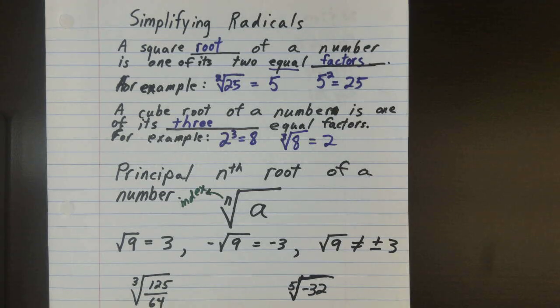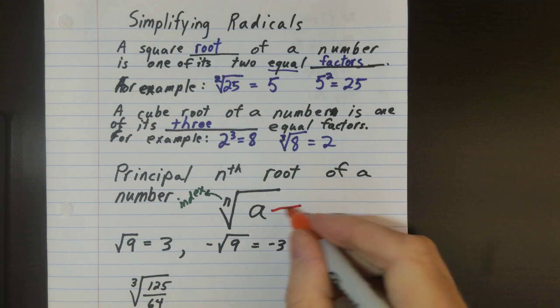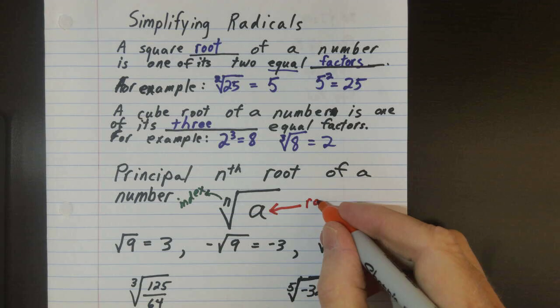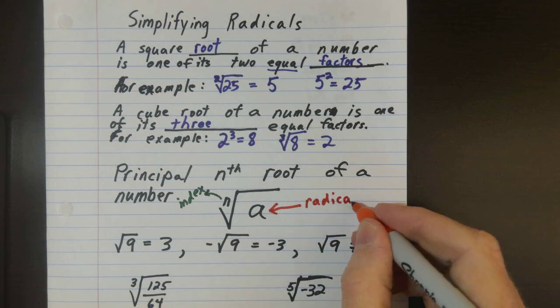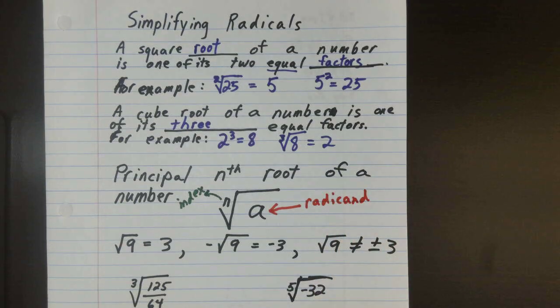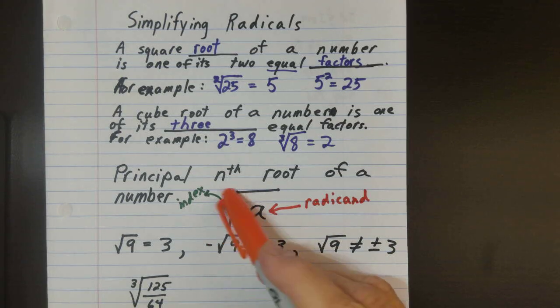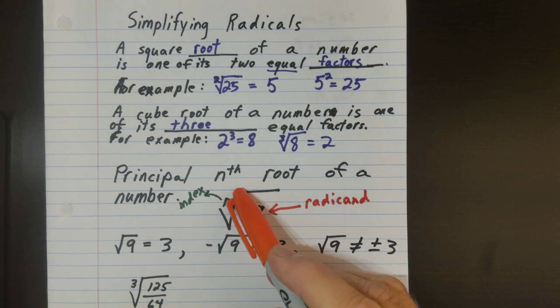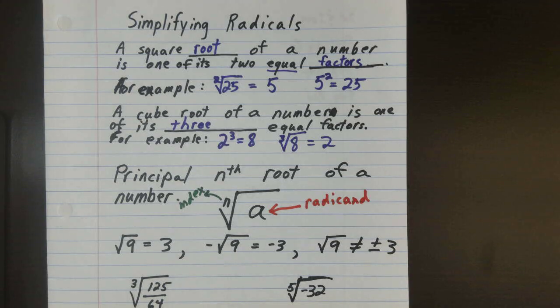A, the number under the radical, is called the radicand. I don't use that term very often. I usually say the number under the radical, but it does have a term. It's called the radicand. If there is nothing written with N, if it's blank, it is assumed to be a 2 there.